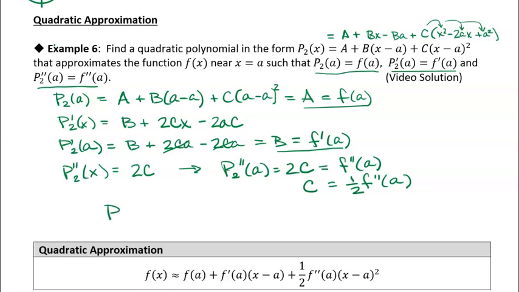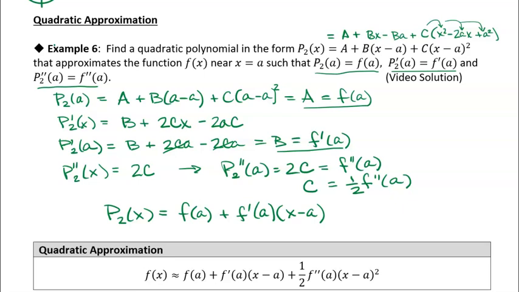But we can write this out. We have the second order polynomial of x, now that we know that capital A was f of a. So we have f of a, plus f prime at a times x minus a. That right there looks like our linear approximation. But now we're going to add another term.